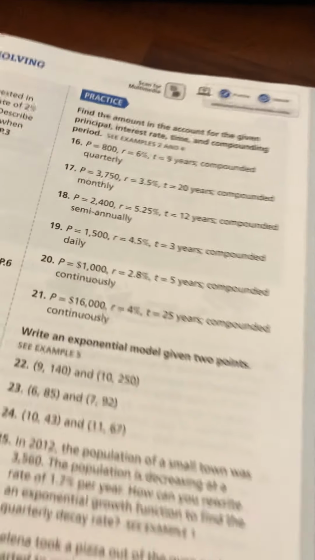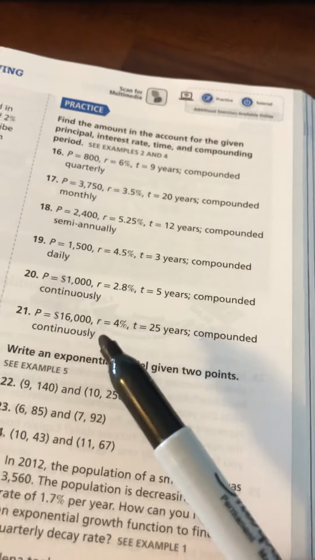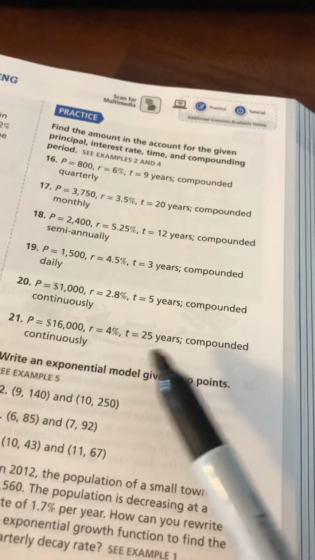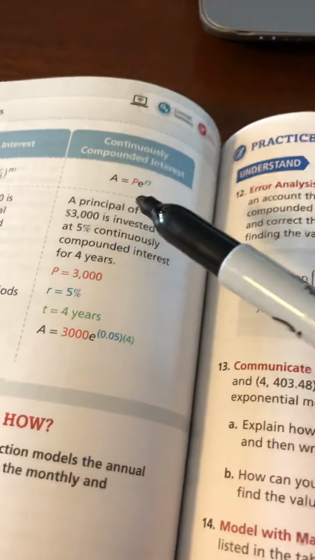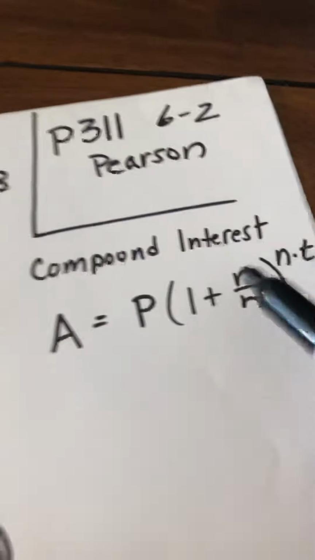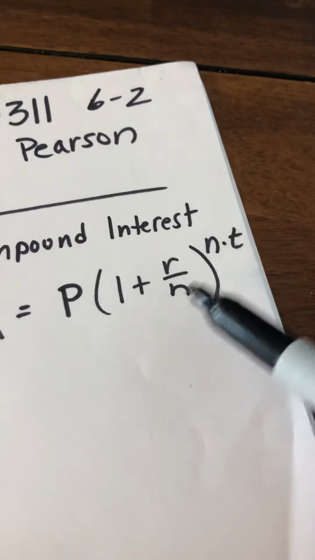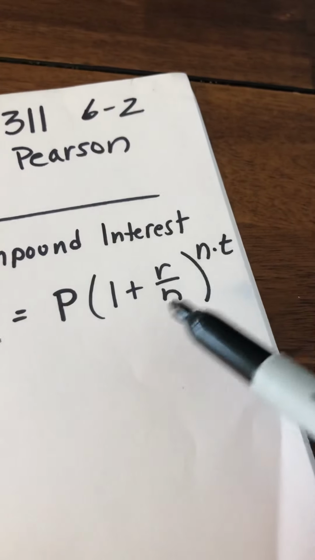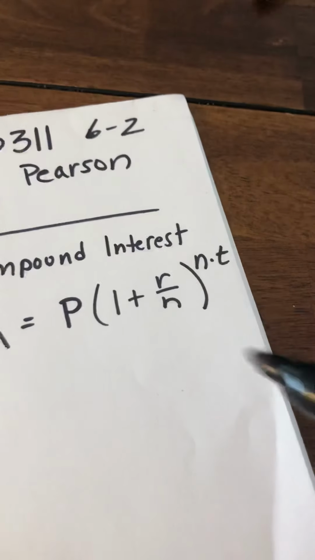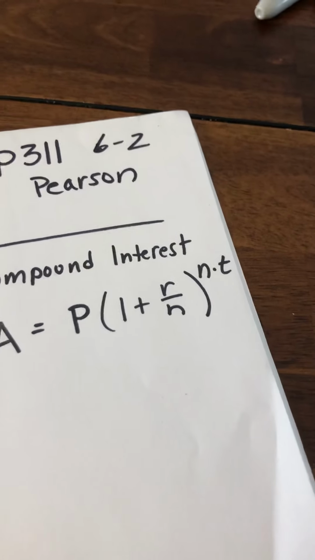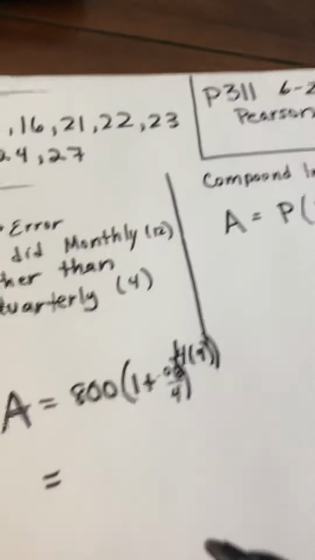As I come over here, I did want you to practice one with compounded continuously. On that other exercise, we learned that E kind of takes the place of this stuff. If N gets infinitely big, then this value right here goes to a certain special number called E, which is like 2.7-something.